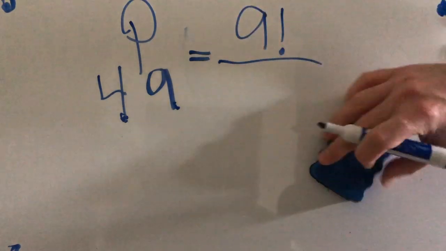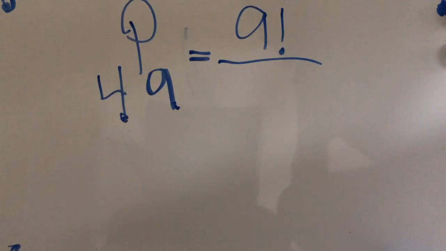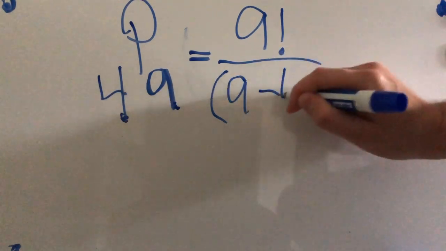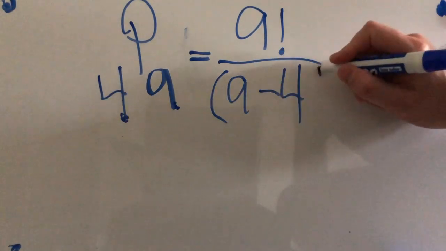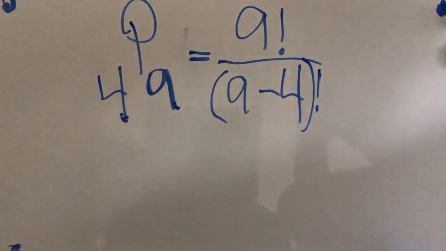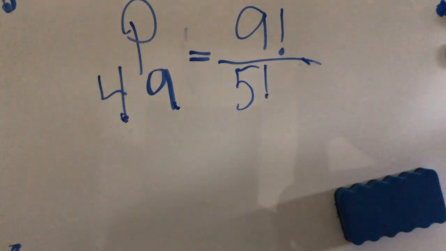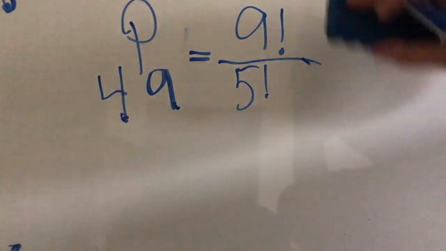That's my factorial. See, I'm using what I just learned about the factorial. And then down here, I'm going to do 9 minus 4 factorial. So this is pretty easy if you think about it. What's 9 minus 4? 5. So now I have to do the factorial for 9 and 5. So check this out.